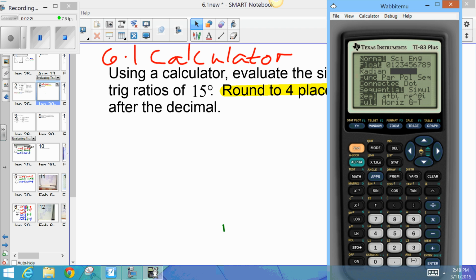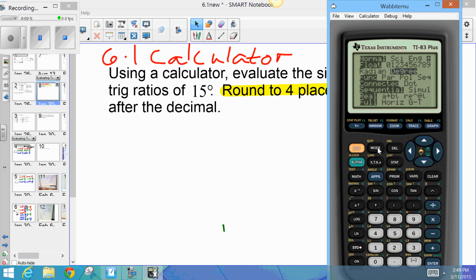All right, so the first three trig ratios are very straightforward, okay? I've got buttons, and again, I'm using my mouse to point to them on the calculator. I've got buttons for sine, cosine, and tangent, okay? And so to find the first three, let's go back to the home screen.